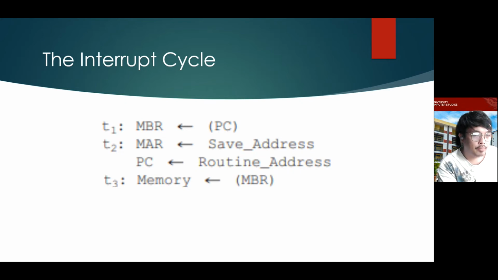We present a very simple sequence of events that you can see in this illustration. This is the sequence of the interruption cycle and data flow.